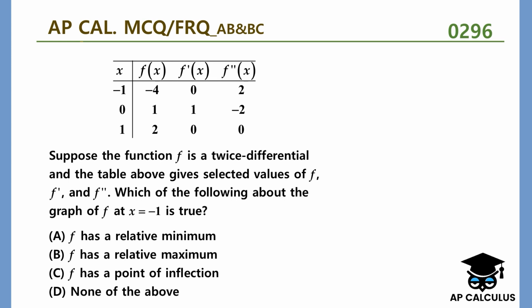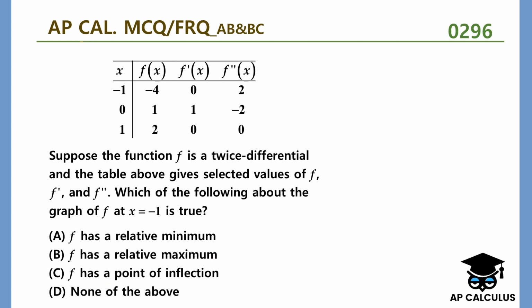Question 296. Suppose the function f is twice differentiable and the table above gives the selected values of f prime and f double prime. Which of the following about the graph of f at x equal -1 is true? Here we have answer choices and they mention relative minimum, maximum, point of inflection, right?